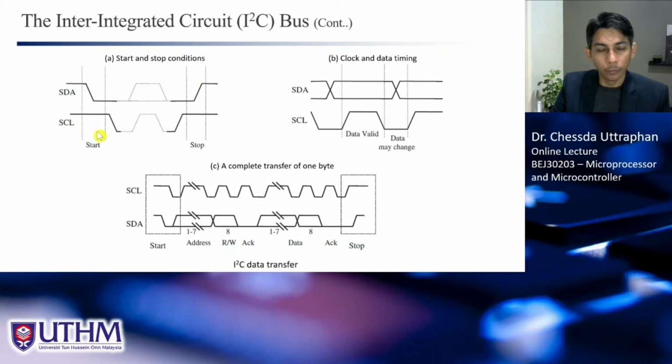So whenever the master wants to write or send data to the peripheral, or wants to receive data from the peripheral, it will pull the data line to 0. Whenever it pulls the data line to 0, it means that it wants to start the communication, right? And just after that, the clock line will go to 0.